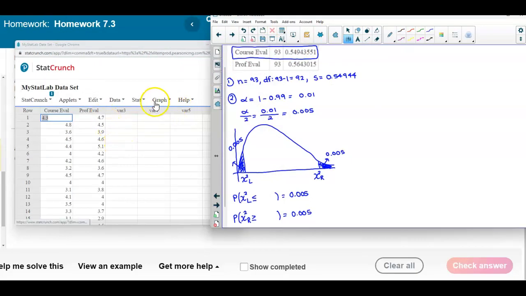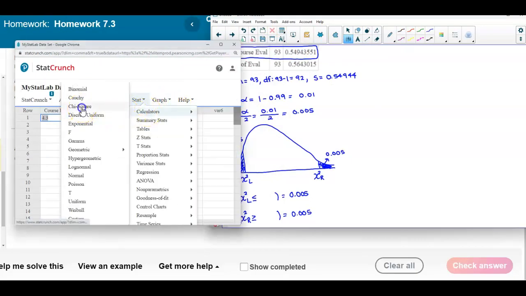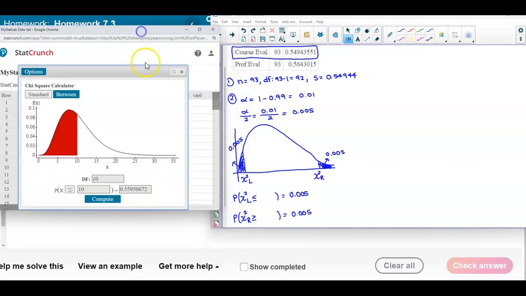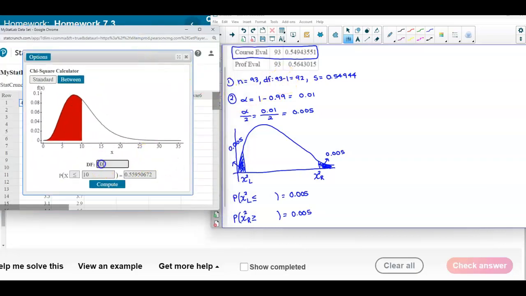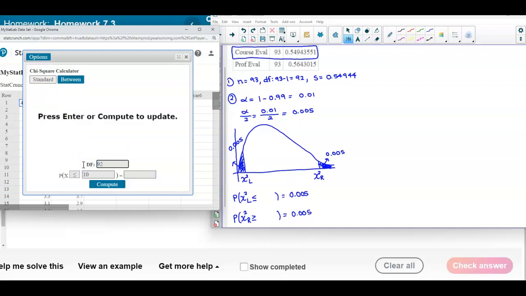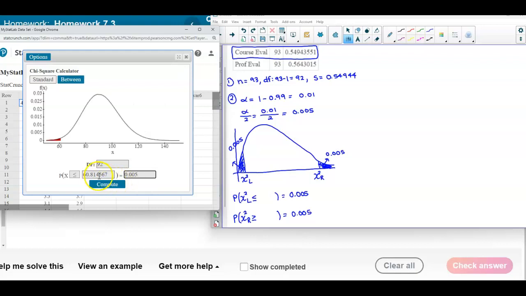We go to Stat, Calculators, and chi-square. We put in our degrees of freedom, which we found to be 92. We're pointing to the left, and we put in the area of 0.005, and rounding to 3 decimal places, that is 60.815.